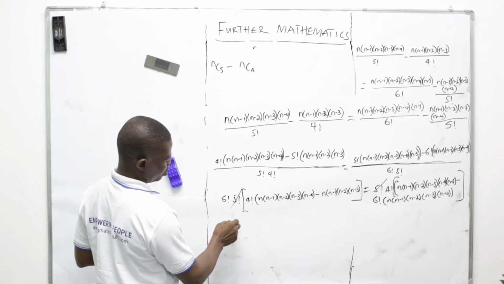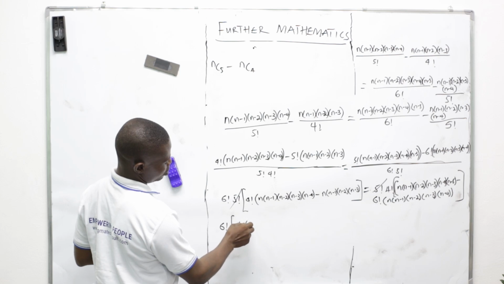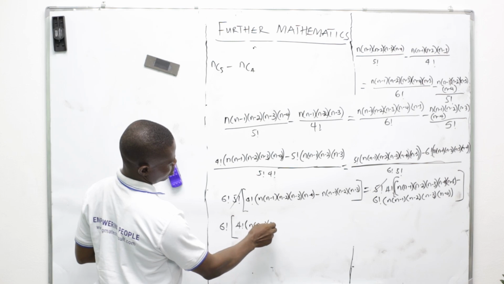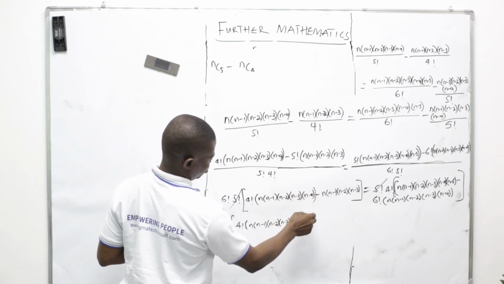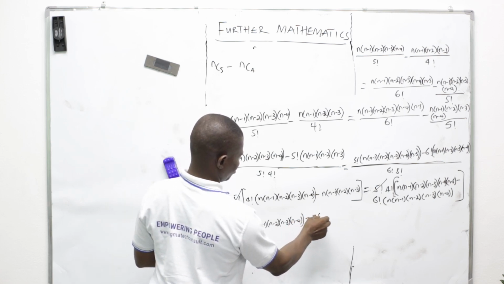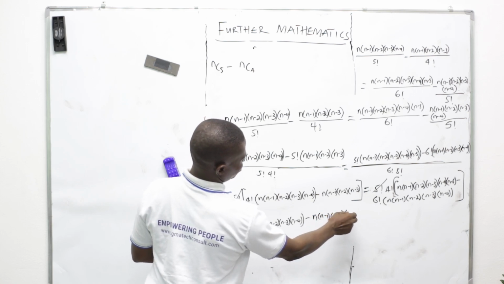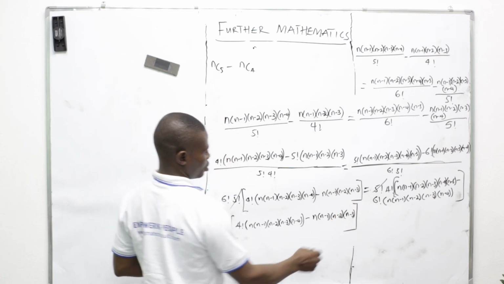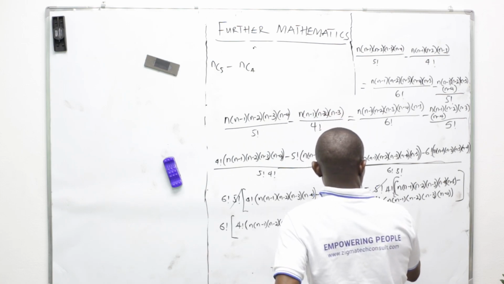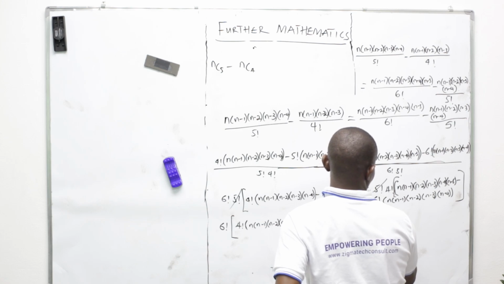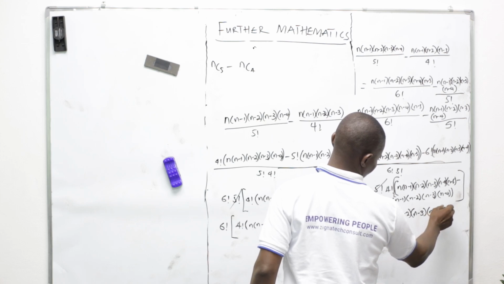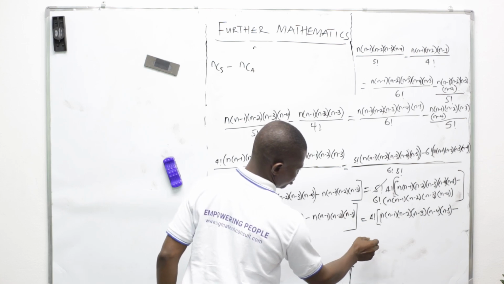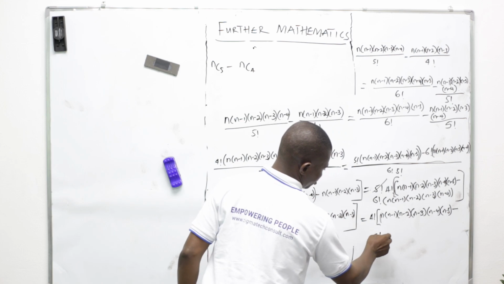So that's 6 factorial into big bracket, 4 factorial into n minus 3, close the bracket, equals 4 factorial, minus 6 factorial into.